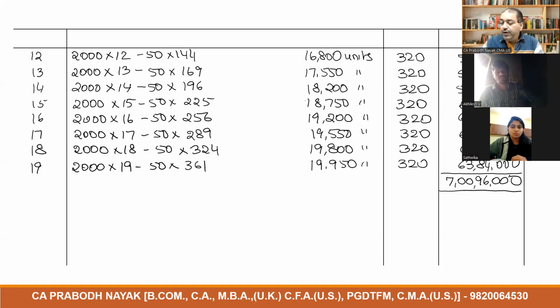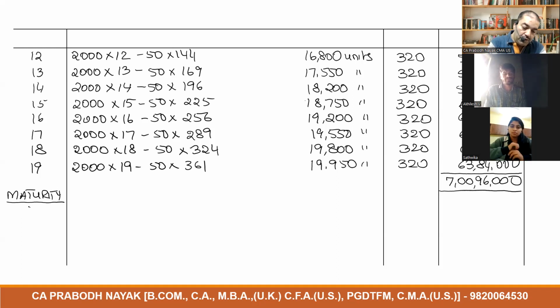I will say that now we are in the maturity stage. You don't write, you just pay attention. Maturity stage. Month number 20. So I calculate 2000 into 20 minus 50 into 400. So that gives me 20,000 units.